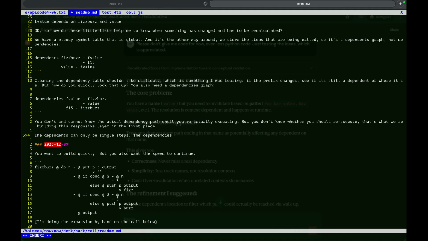The dependencies can be paths of length 1 or more.